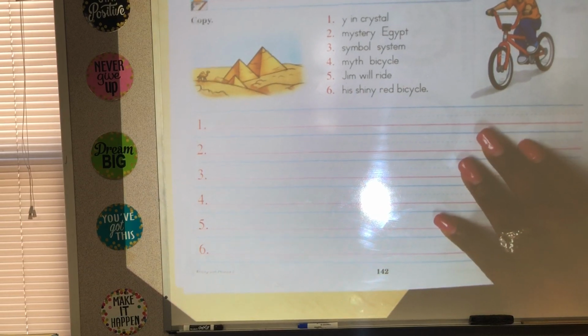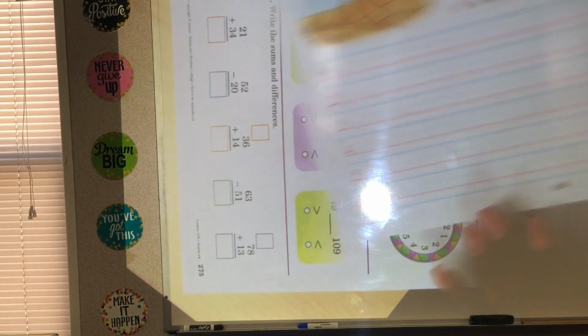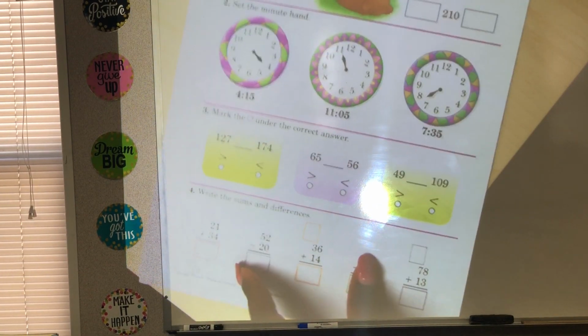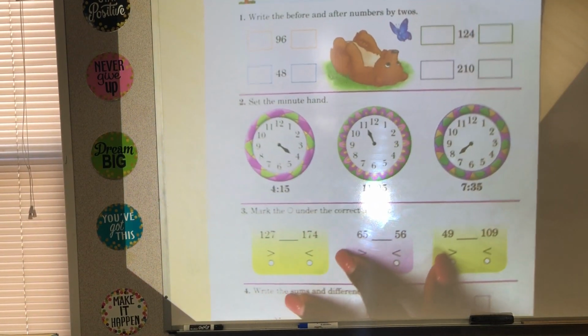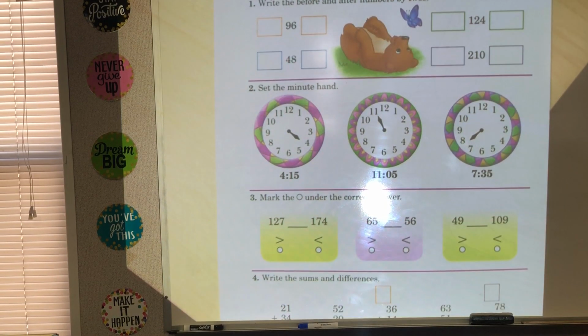All right, let's take a look at our next paper. Let's take a look at section 1.